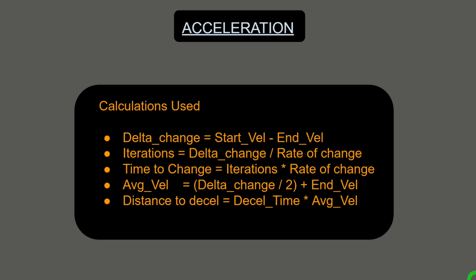That's handy for a couple of other things along the way. To get that, we would take our delta change divided by 2 plus the end velocity. And finally, we need to know the distance to decelerate. So we would take our decel time, our deceleration time, times the average velocity. That's why that's so important.